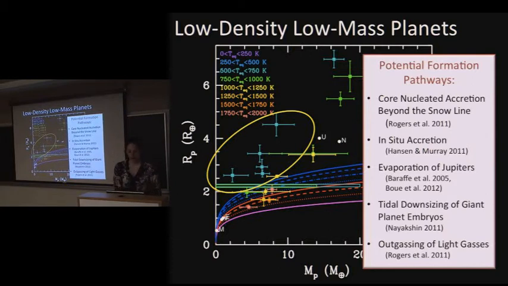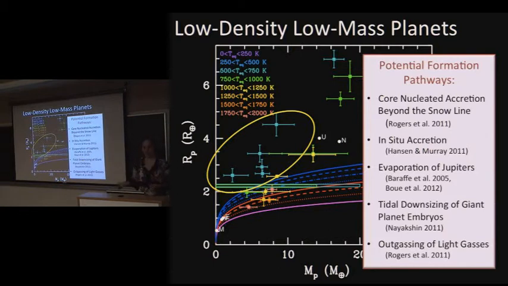I've worked on a few of these, such as coordinated diffusion beyond the snow line, and Murray has also described potential in situ formation of Neptune-sized planets.